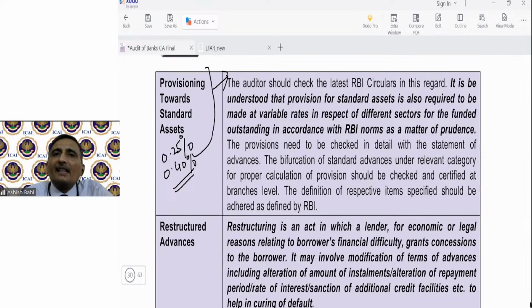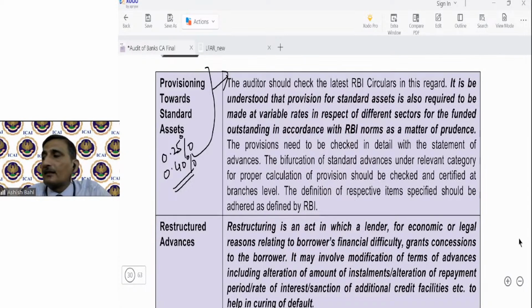So what is the reason behind making provision? This again arises out of the concept of prudence, out of abundant caution, so that the actual profits of the bank are reflected, so as to account for the possibility of some unforeseen events, due to which there could be losses in respect of standard assets also.